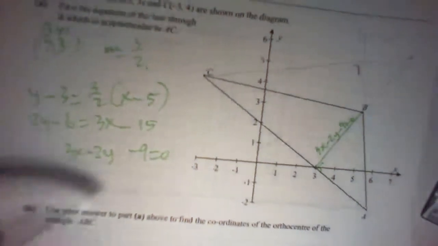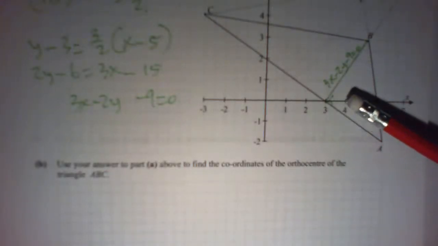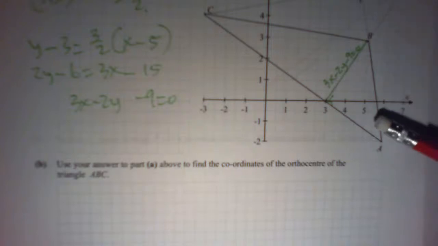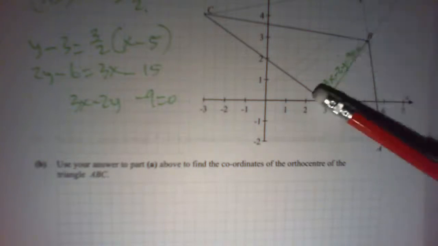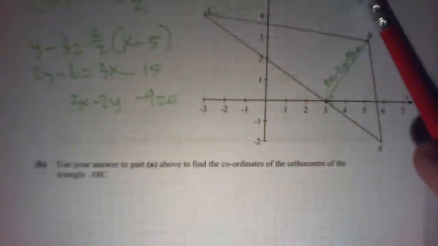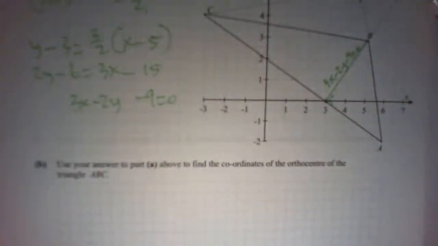Okay, so let's try and figure it out though from the maths. How do we find it from the maths? So what we need to do is get the equation of AB, get the slope of AB, perpendicularize it, and then use it with the point C to get an equation for this line. And then the intersection of this line and this line will give me that point.